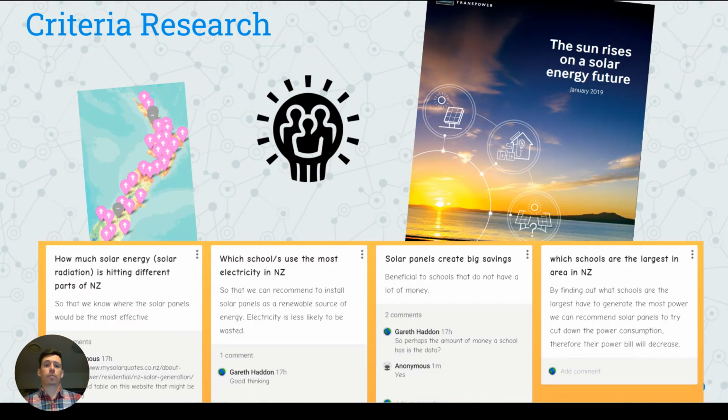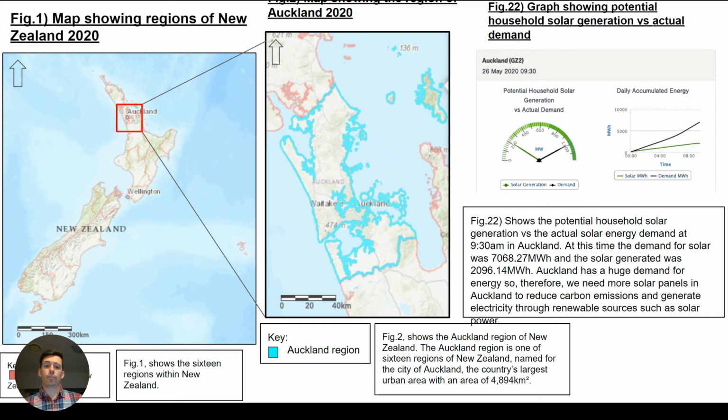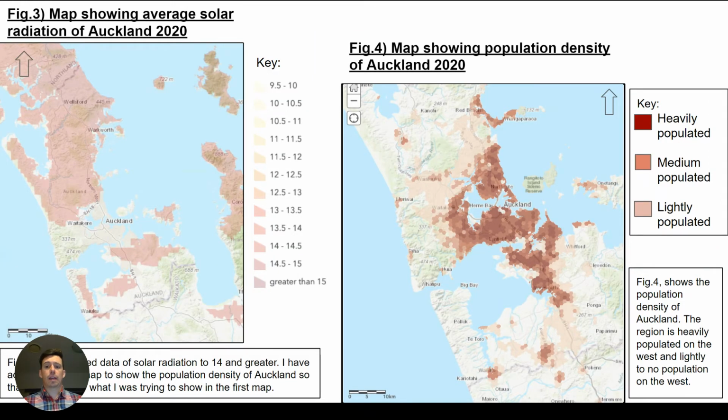The criteria research process for this one was a lot more of a brainstorm, getting the students to be a bit more independent by thinking about the different types of data layers that they could use. And from that, they then chose the area, started to contextualize it a little bit, looking at what is the current situation there.